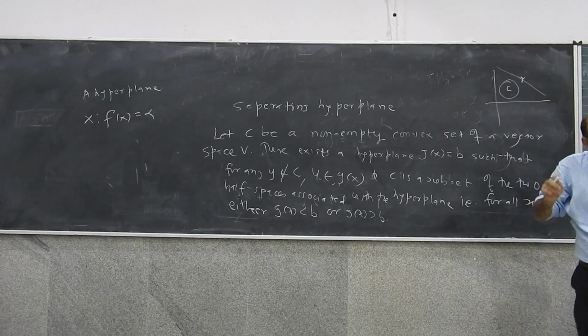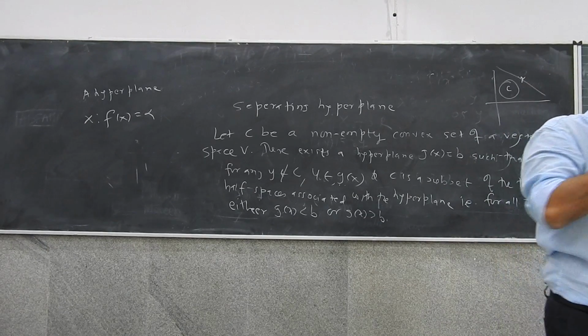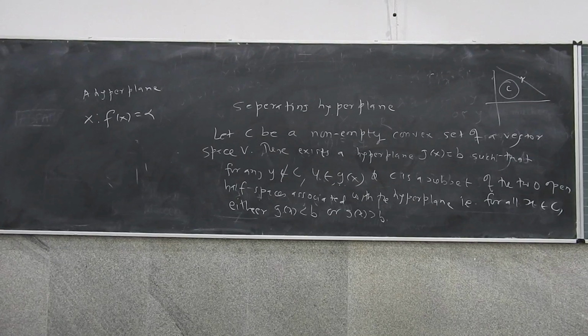So for all x belonging to C, g of x is either less than b or greater than b.